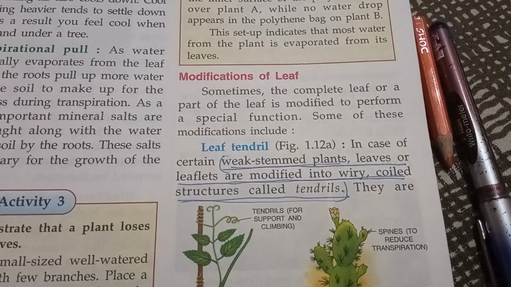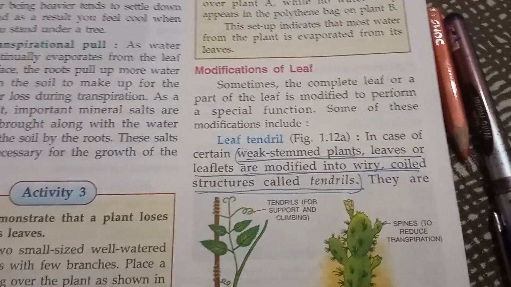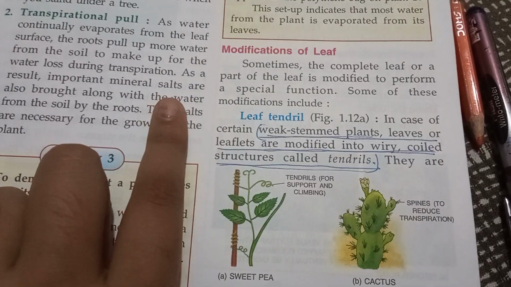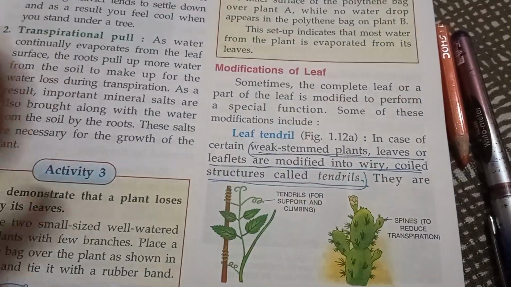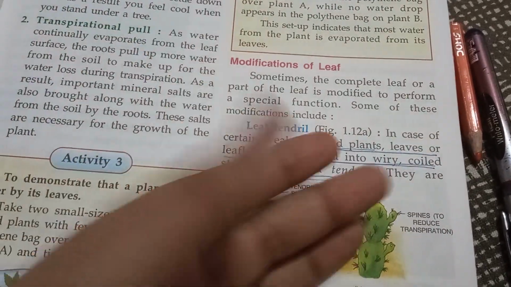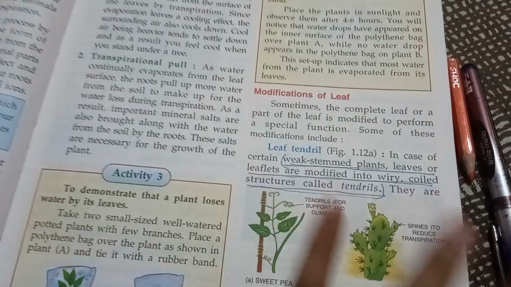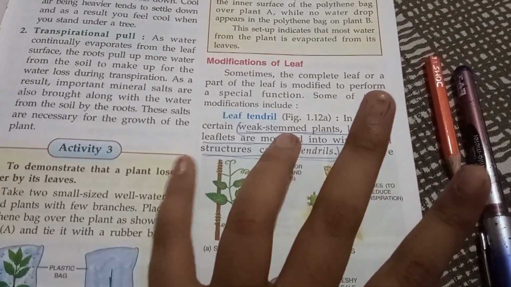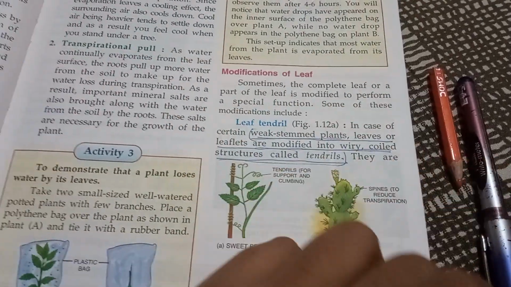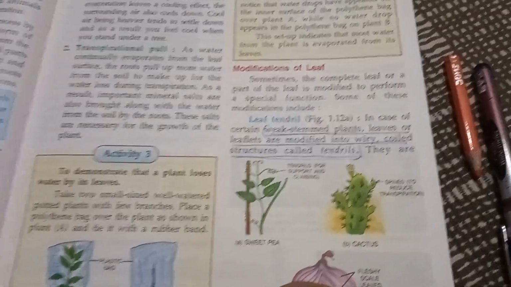Some of these modifications include... In this paragraph, it tells us that some leaves, the complete leaf or a part of that leaf, are modified into some different structures which will help to perform a special function. So let's get to know them.